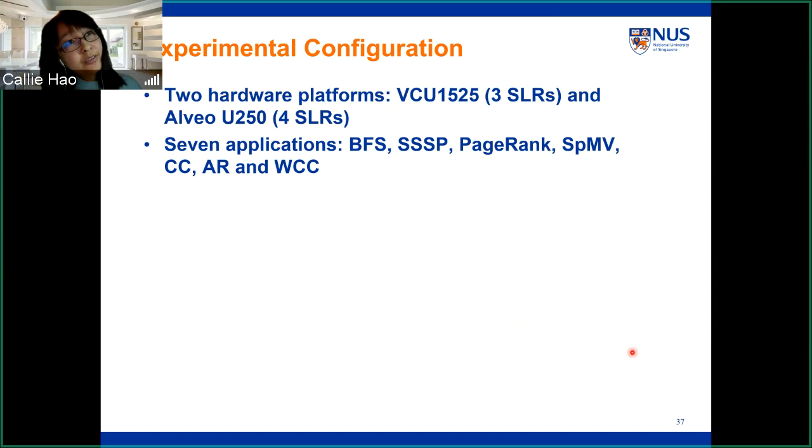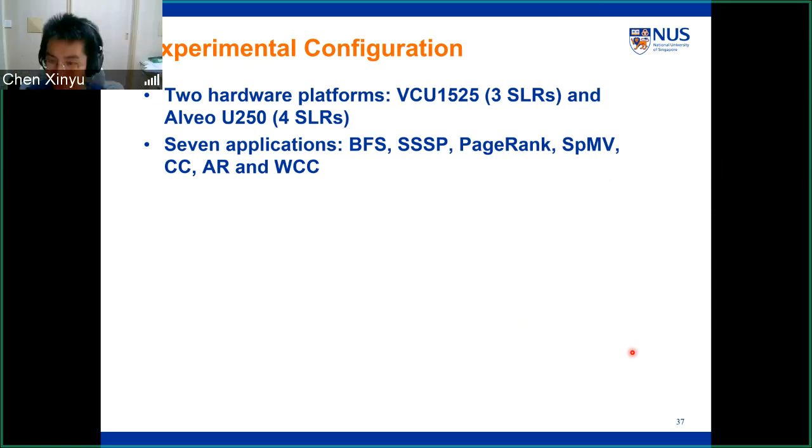And do you also handle the cross-partition communication? Our partition method can avoid inter-partition communication. There are two partitioning methods, edge cut and vertex cut. Our method can avoid cross-partition communication, because basically the idea is that we duplicate the vertex. Okay, got it. Thanks.